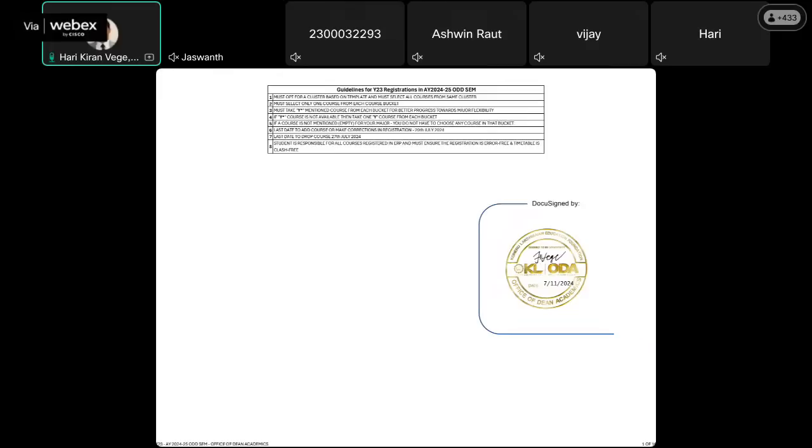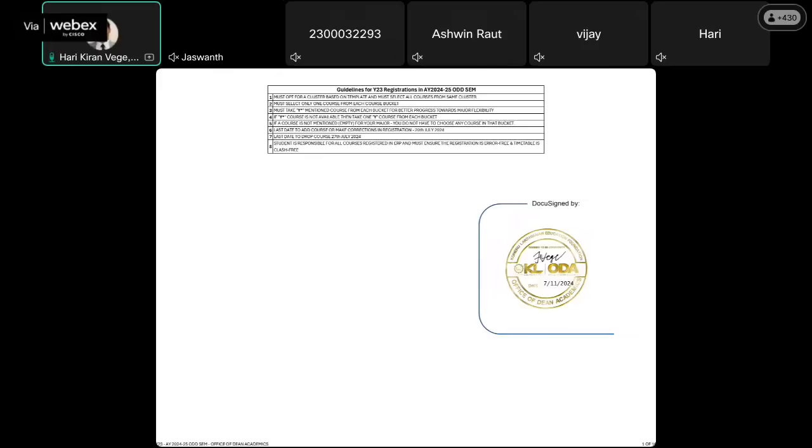The last rule is that the student is responsible for all courses registered in ERP and must ensure that the registration is error free and the timetable is clash free. You cannot register in courses where you have a clash in the timetable. You cannot have errors in your registration. Suppose you picked up one course instead of another course where it was not given as a Y for you, then that's an error.